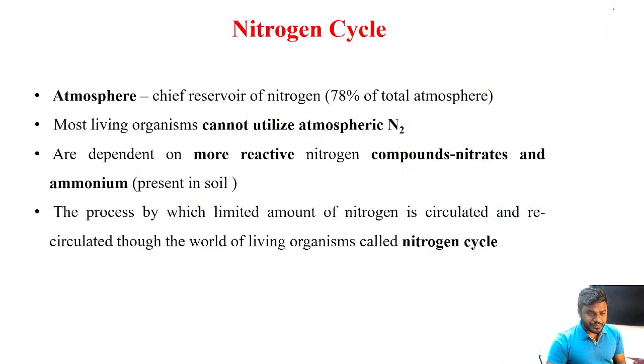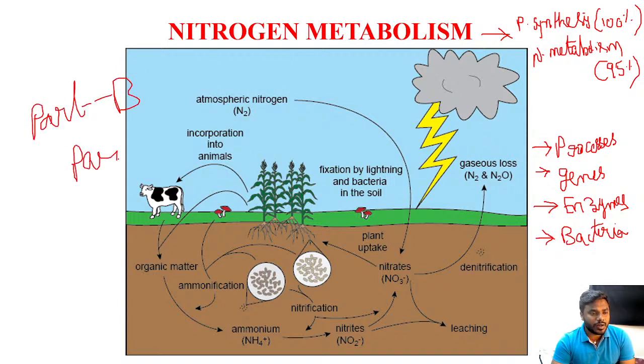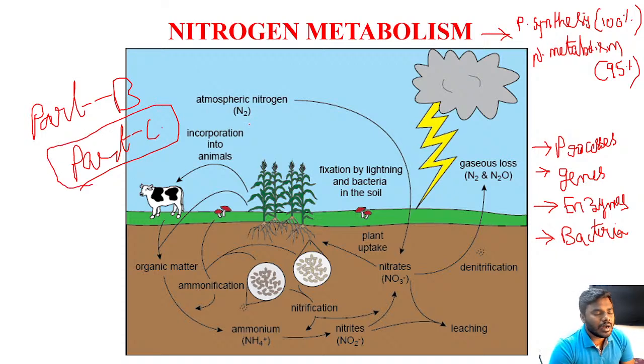So it's a very easy topic, and our luck is we can expect a part B question also, and if our luck is really good, we can expect a part C question too. But 99%, this particular nitrogen metabolism chapter is majorly important for part C questions only.